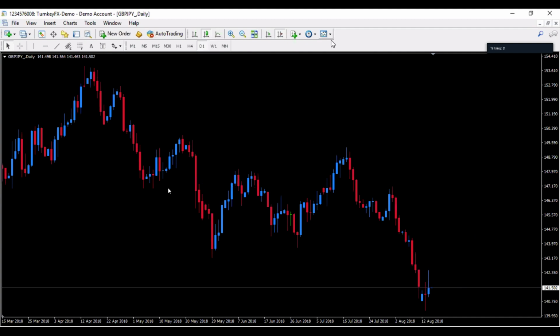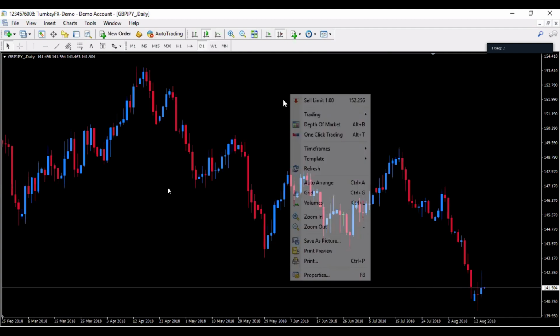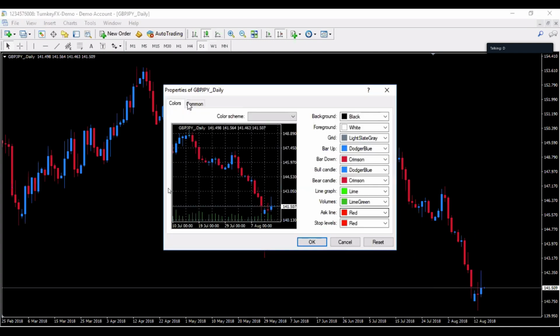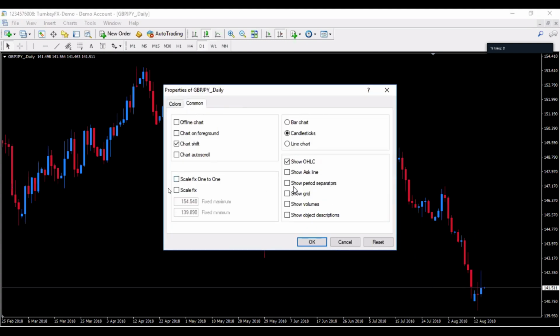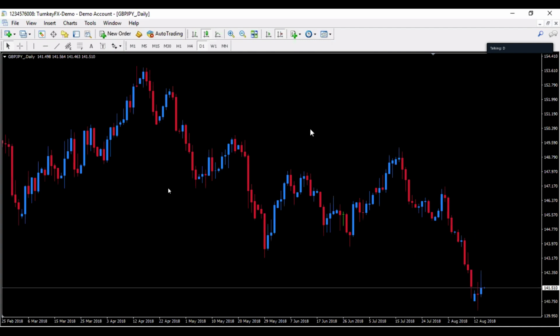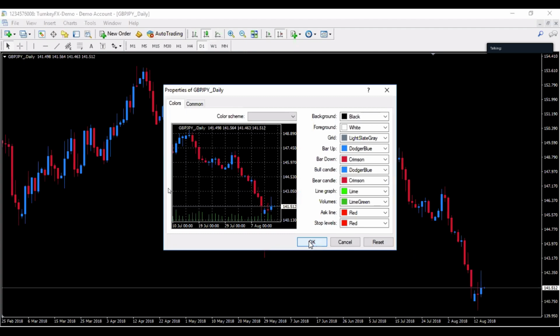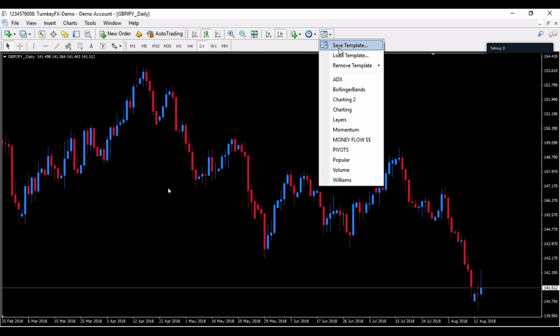And once again, guys, in order to save these charts, all you need to do is right click or press F8 for properties. You can set yours up just like mine. Go to common. I don't like to have a grid on the back, so I always take it off. And you click OK. I'm sorry, you will go to save template first.